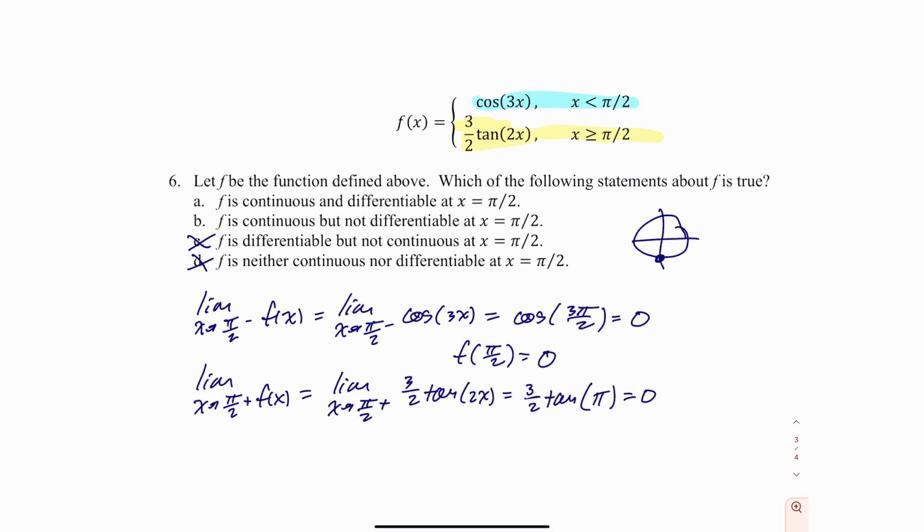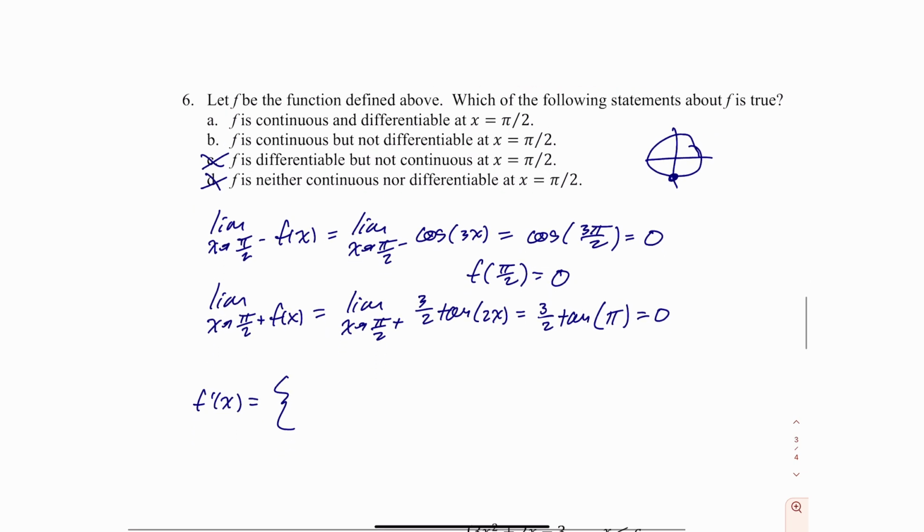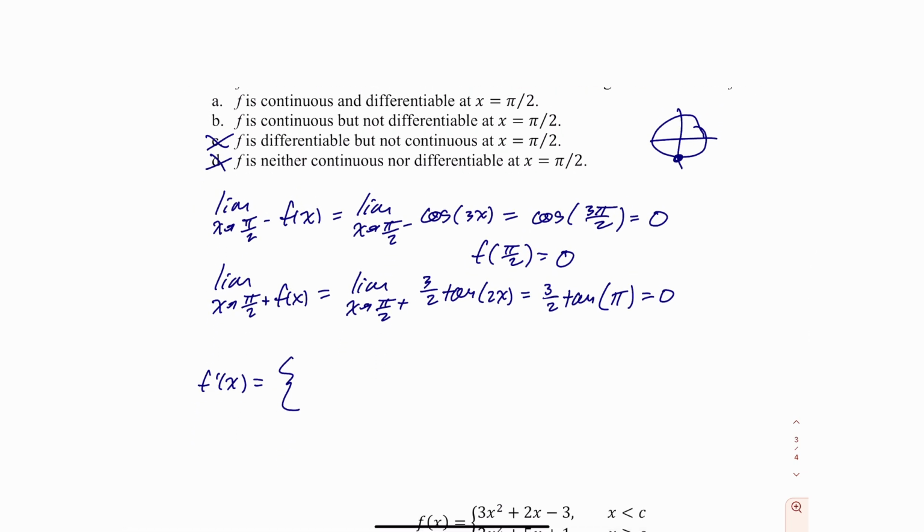Now we just need to see if this thing is differentiable. I'm going to find the derivative of each branch and see if those match up. So f prime of x. The derivative of cosine of 3x is negative 3 sine of 3x, for x less than pi over 2.